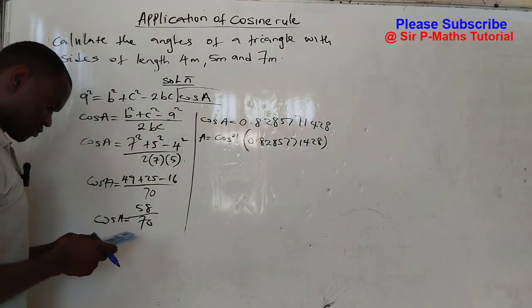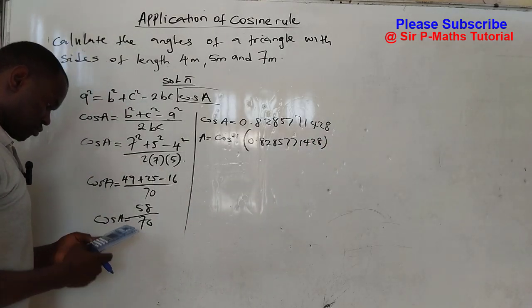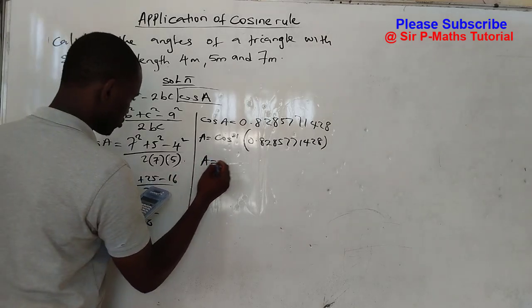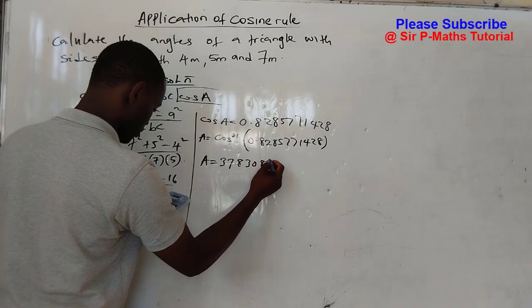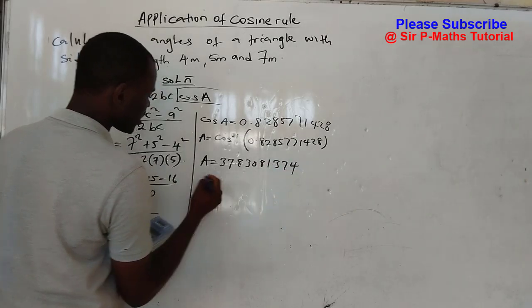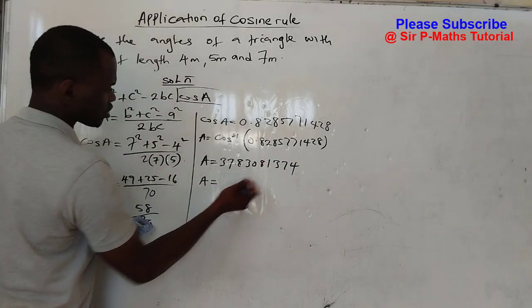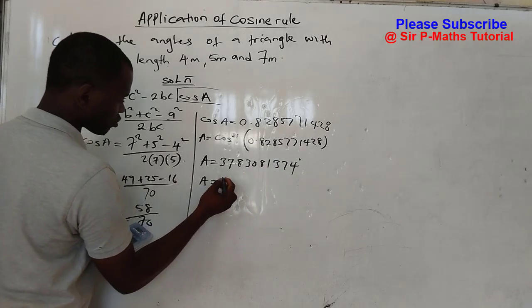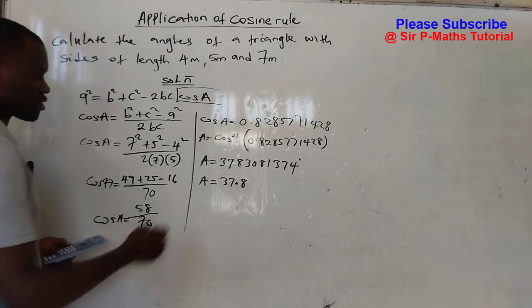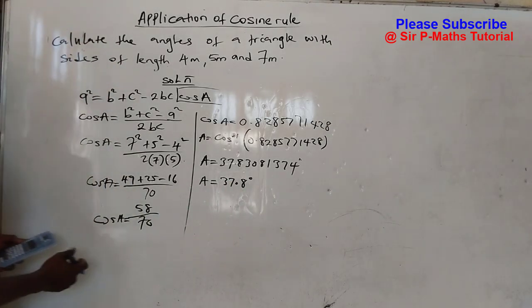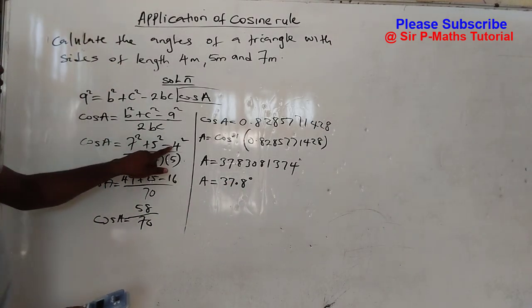Take the cos inverse. Then I will have my A to be 37.83081374. Let's bring it down to 1 decimal place, since it is a degree. 37.8 degrees. We have gotten A, subtracting the first one.